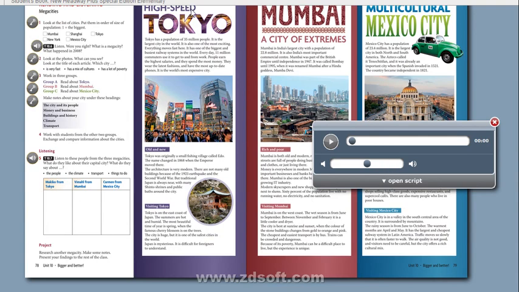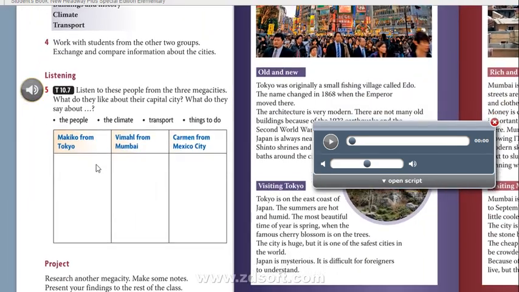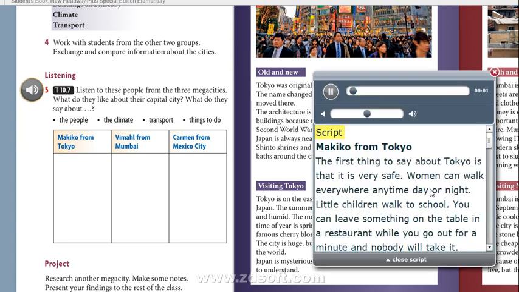So listen to the text, read the reading text, and make a list. Make a list here. Listen to these people from 3 mega cities. What do they like about their capital city? What do they say about the people, the climate, transport, and things to do? So listen first. Tape script 10.7.